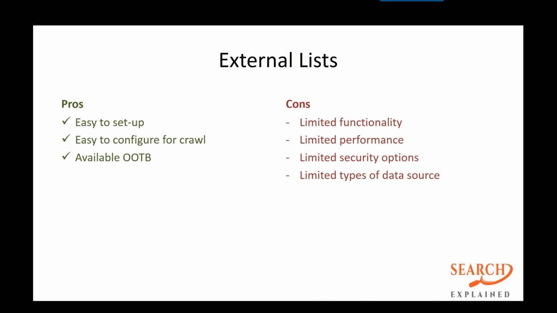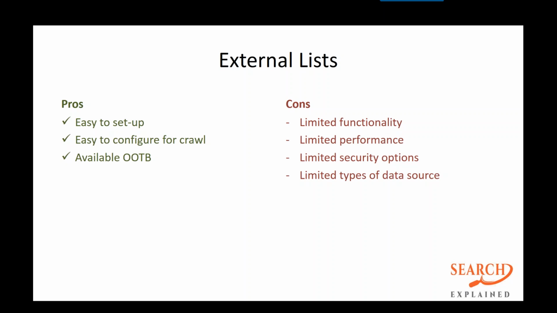Because when we do web search on Google, for example, everything is public. We can see everything there, but in the enterprise, security, privacy, and sensitivity of the information is critical. And you will see what options we have to take care of this.